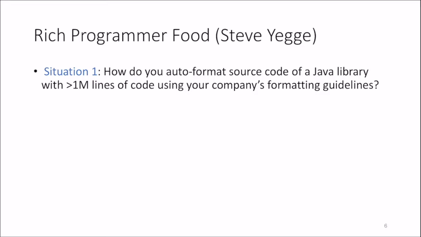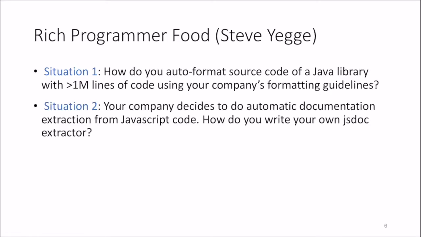Well, it's not going to be feasible to do it by hand, and you can't just hack it. You could try to do that, but you'll often run into problems because your ad hoc solution is too hacky. So it turns out that using some technology that we'll study, it becomes fairly easy to write a provably correct way to auto-format the source code by knowing about the structure of the Java programming language.